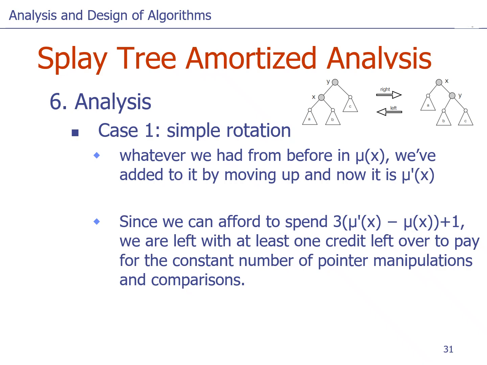So if mu dash x is going to have any effect, it's going to be adding more money to the bank balance, because now there are more elements underneath x, and consequently the height will be more, and consequently the dollars will even increase more.